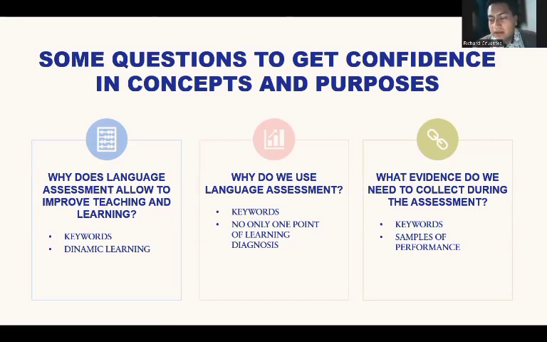Maybe looking for pronunciation, looking for concepts, how they are creating concepts, and how these concepts are similar or equal to the things that I have taught during the teaching session. How my students answer some situations and how they are catching the information.